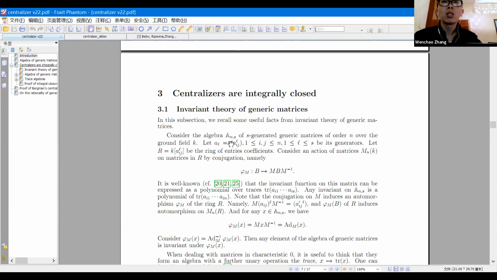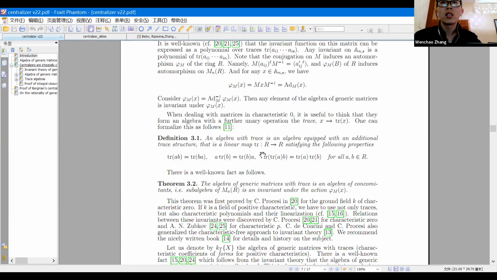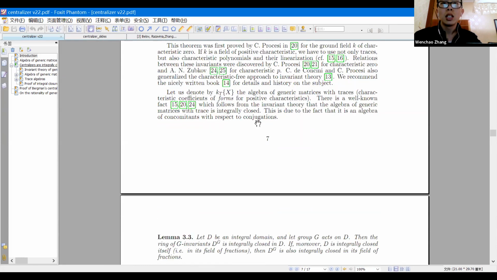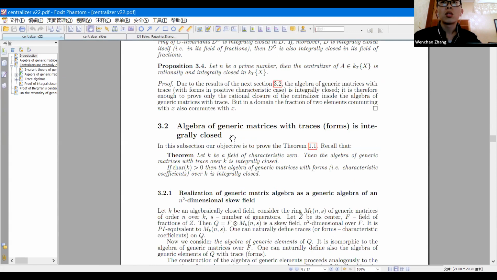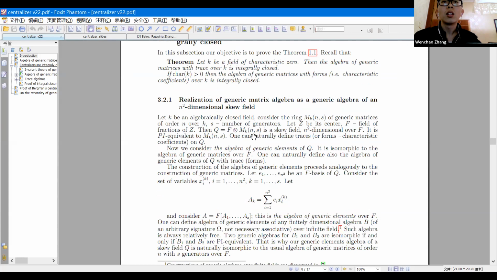So let's have a look. Here we are just saying something about the algebra with traces. So let's show that it's integral closed.